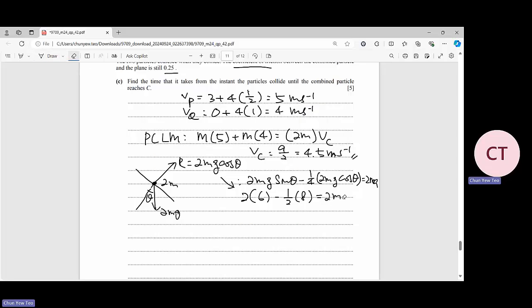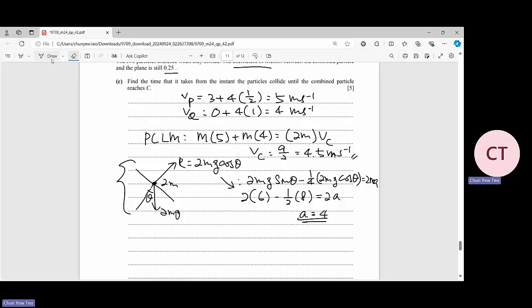The m cancels already, 2a. So you are having 12 minus 4, 8 over 2, you still get 4. So you can see that after they combine, the acceleration is still 4. We actually do not need to show this in the exam. We just know that a still remains as 4 will do. But for explanation, I will still show you over here.